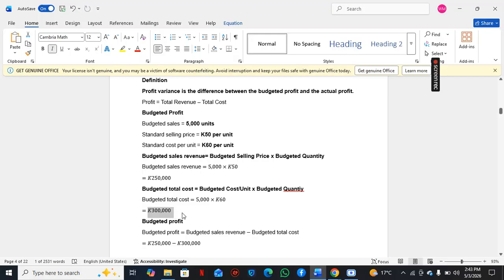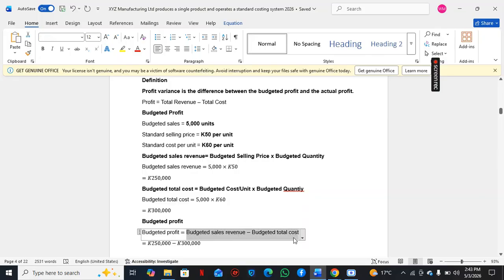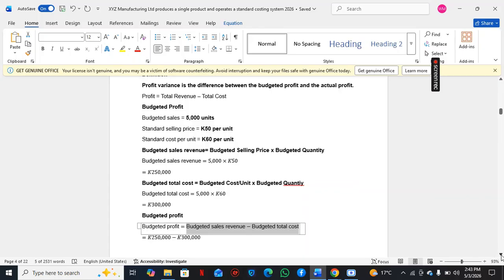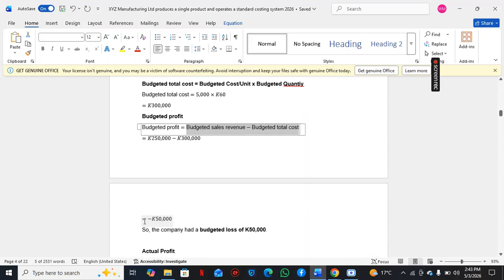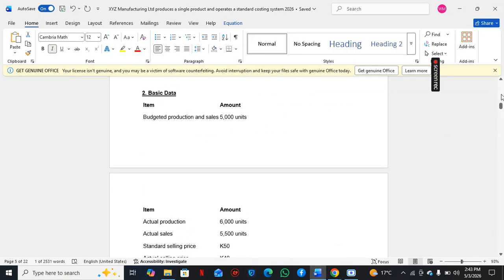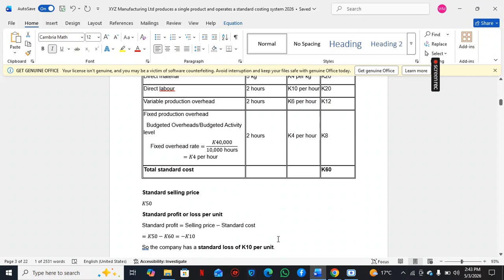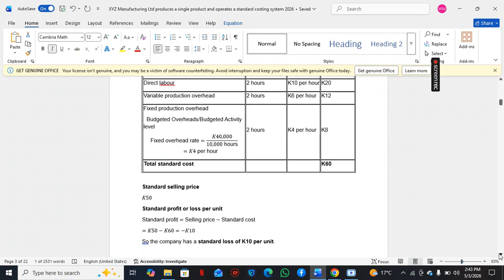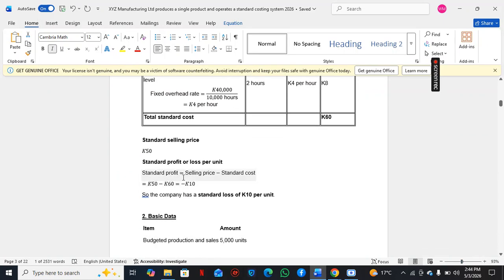So our budgeted profit is budgeted sales revenue minus budgeted total cost. It's negative 50,000. So we have a budgeted loss. Remember, colleagues, in the previous video we calculated the standard profit or loss per unit: the standard selling price minus the standard cost, 50 minus 60, gives us negative 10.